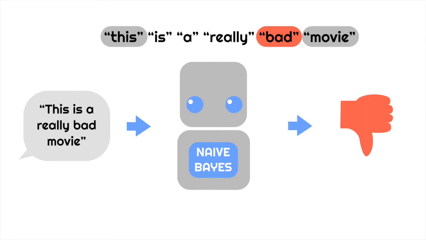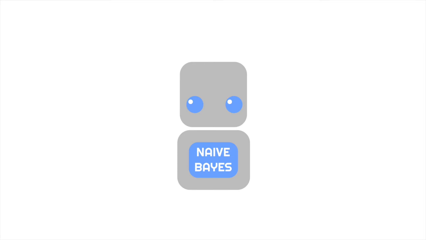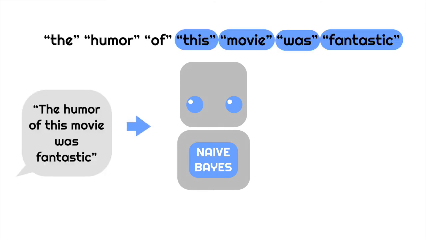Based on these findings, it would correctly predict that the movie review, "This is a really bad movie," is most likely to be a negative review. So, without telling the AI that it's a negative review, the AI can already predict it by using the probabilities of words it's learned. It can do that for even other reviews that it's never seen before.